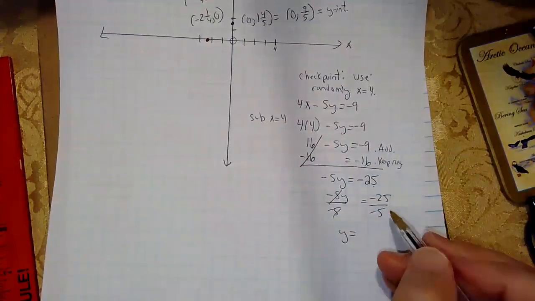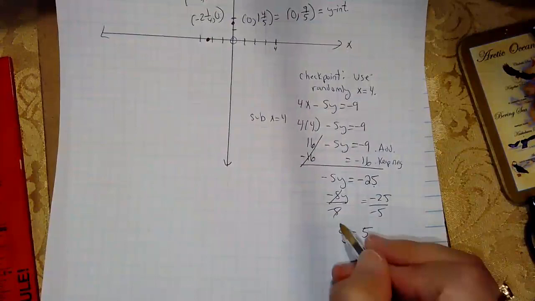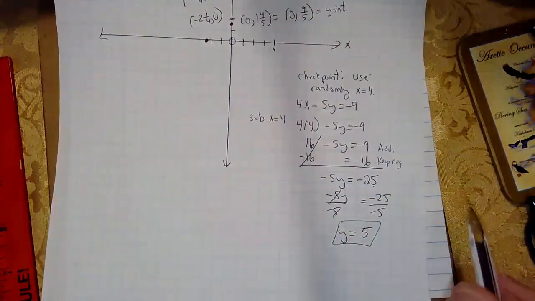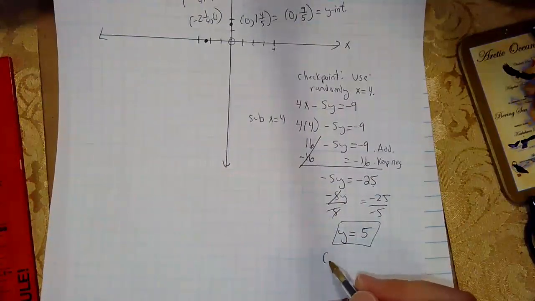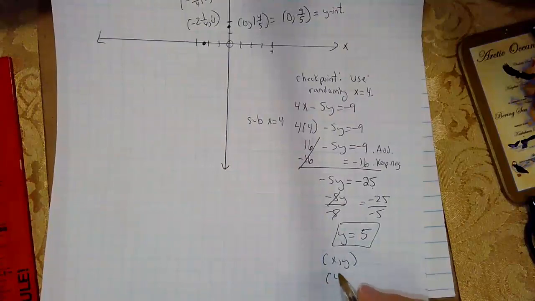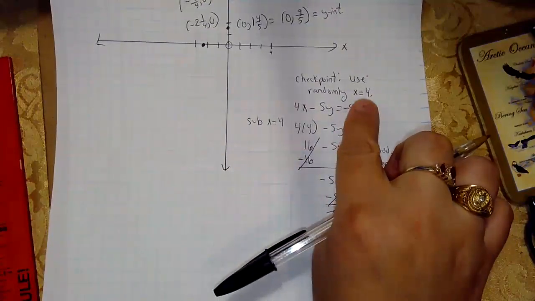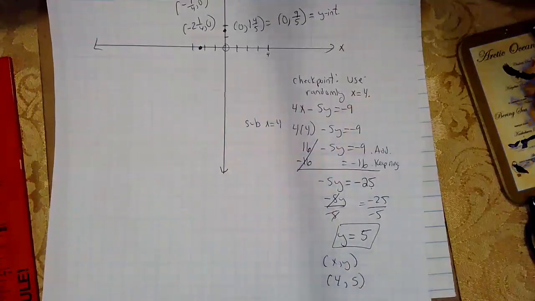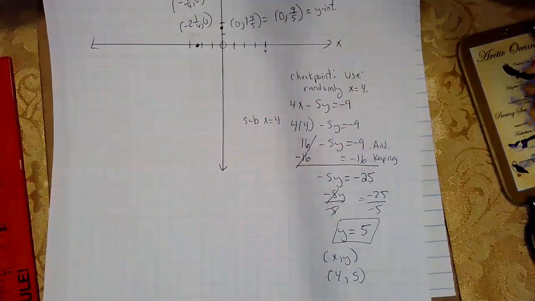And a negative divided by a negative is a positive. Same signs produce positive results. So when I randomly chose x to be 4, then I plugged that in and my y came out to be 5.